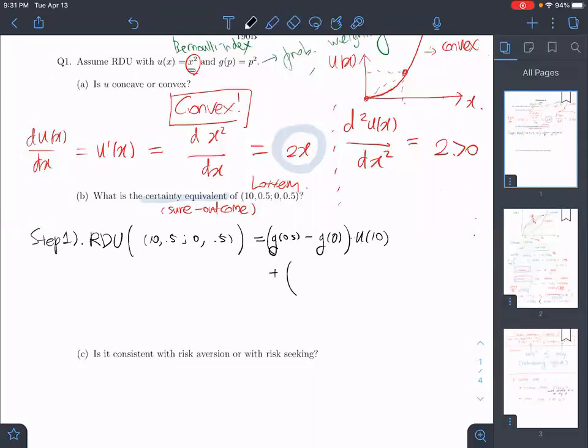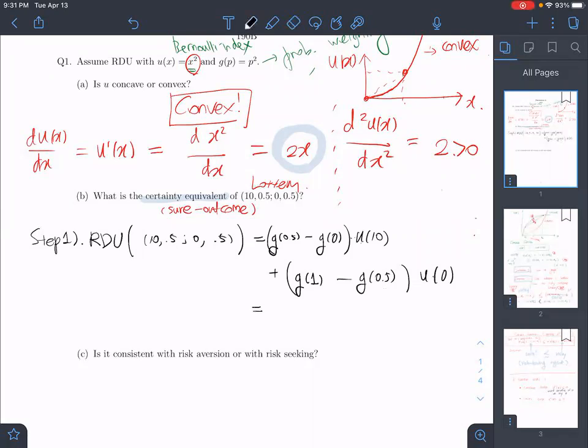Plus. Now the second outcome is 0. Okay. And then the outcomes that are weakly better than 0 are 10 and 0, all of them. And their probabilities add up to 1, so 1 minus G of 0.5. So this is the probability of getting an outcome that is weakly better than 0, and the probability of 10 is 0.5. So we have 0.5 here.